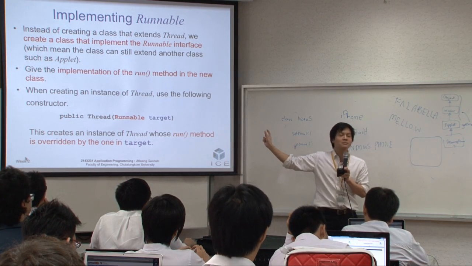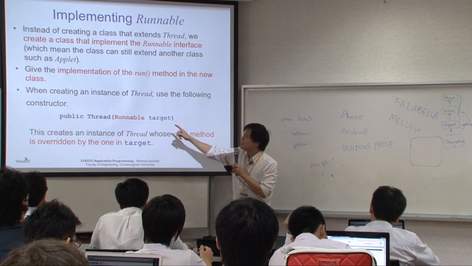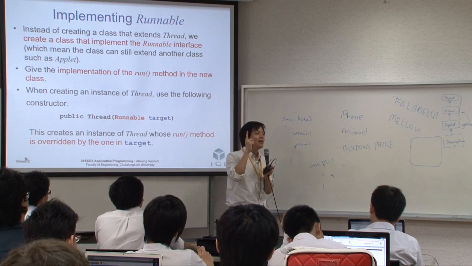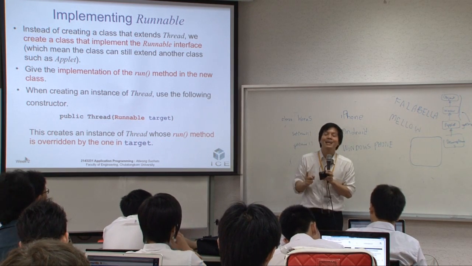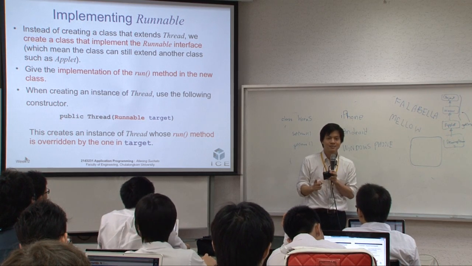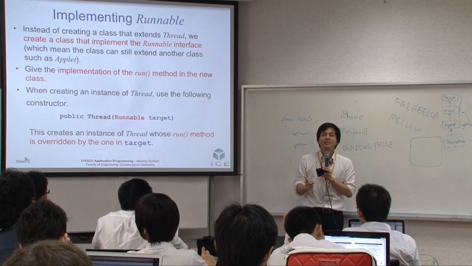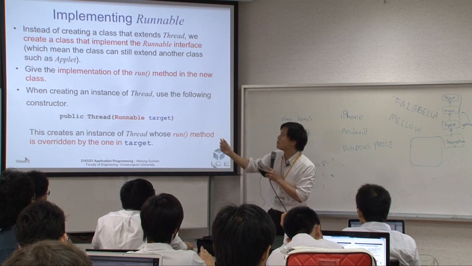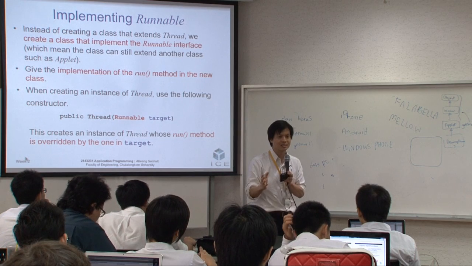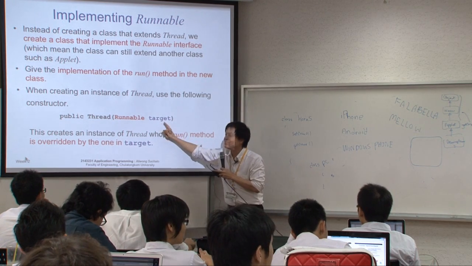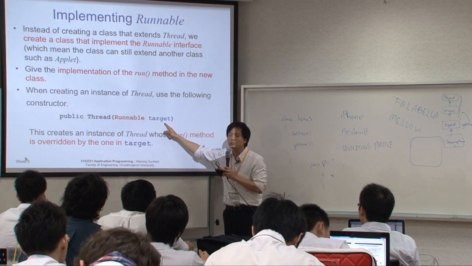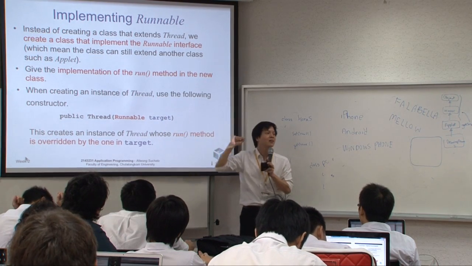But if I tell you that the name runnable is not the name of a class, but instead runnable is the name of an interface, given that right now you know that runnable is the name of an interface, can you tell me again what to expect for this object to be used as an input to this constructor?